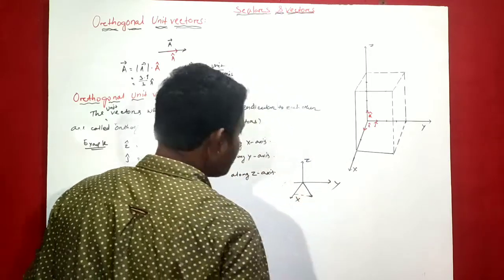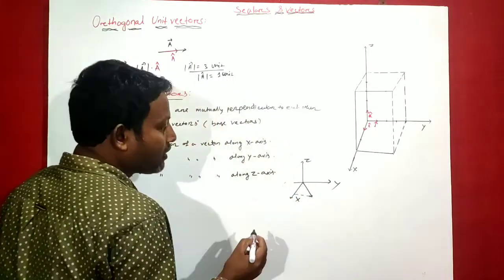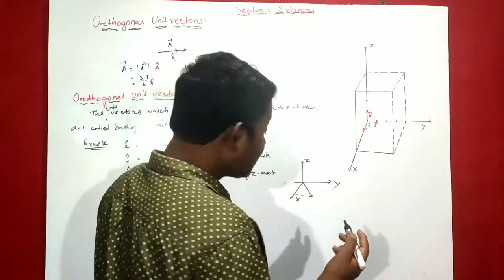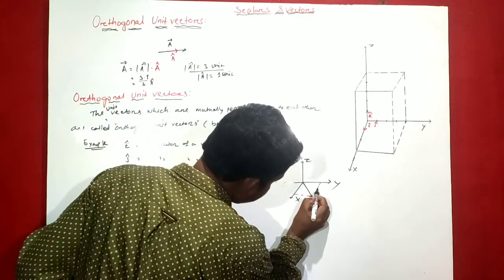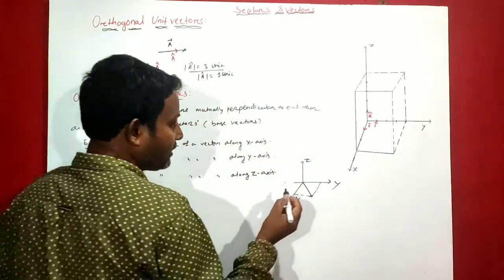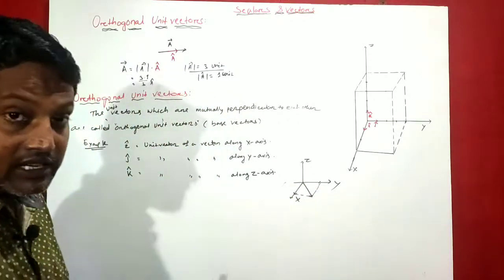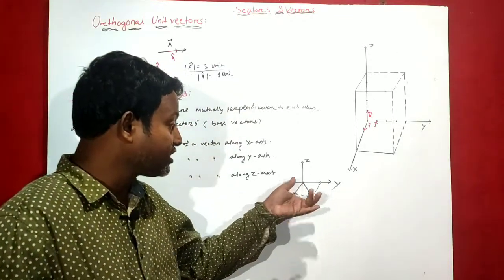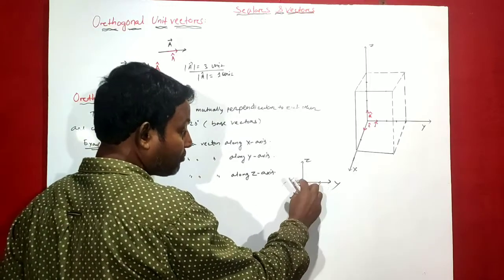This is a perpendicular. And how far we move in y-axis? This much, sir. This is also a vector. That means when I resolve this vector, it gives 2 components.